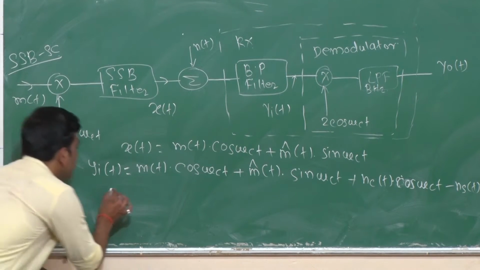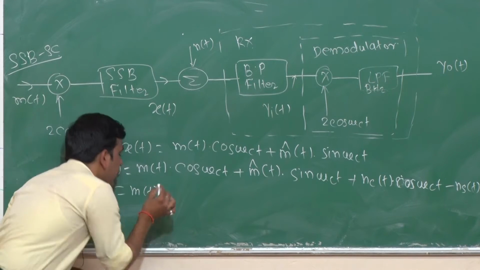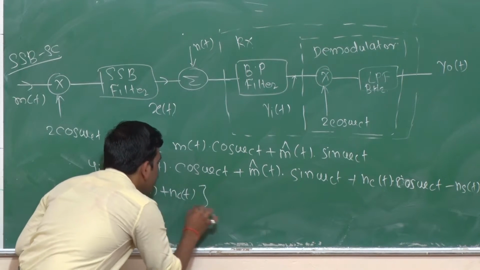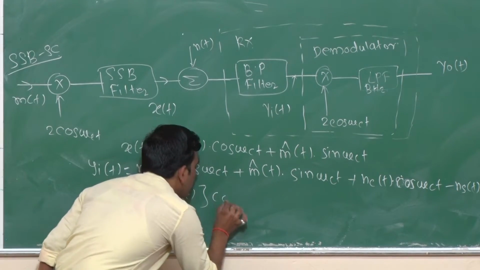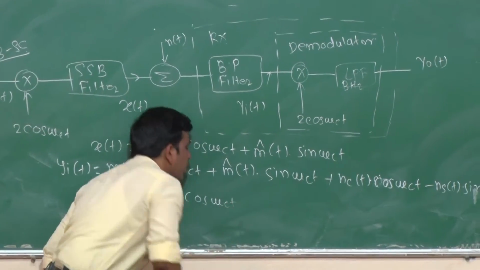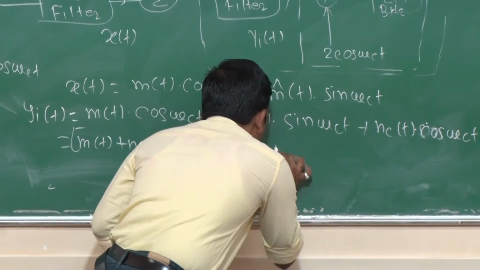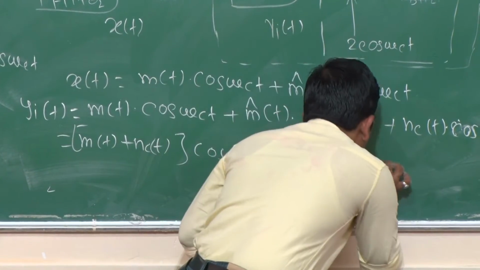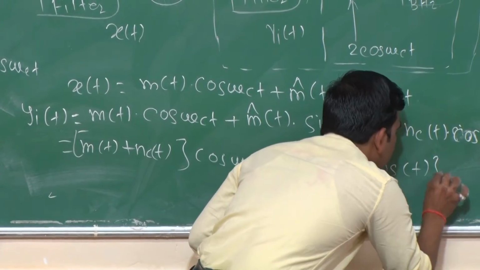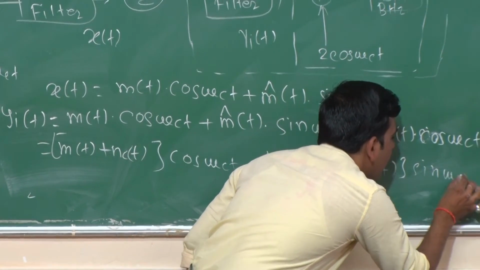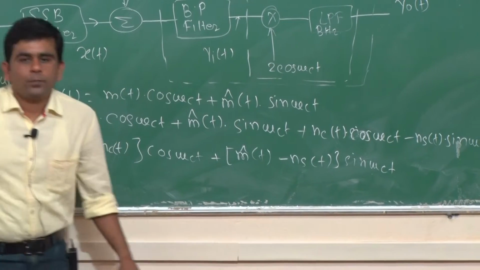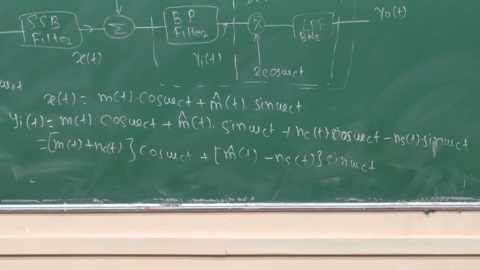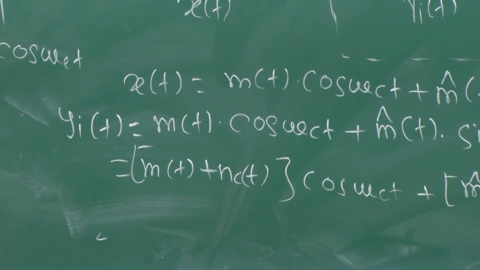So here we will get m(t) plus nc(t) times cos omega_c t plus m cap(t) minus ns(t) times sin omega_c t. This is the input to your demodulator.